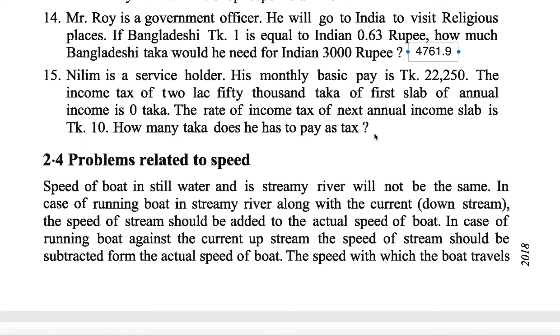Up to 2 lakh there is no tax. So subtract 2 lakh from that and you get 70,000 taka. After that, for every 100 taka you have to pay 10, that is 10%. So 7,000 taka he has to pay as tax. That is the answer.